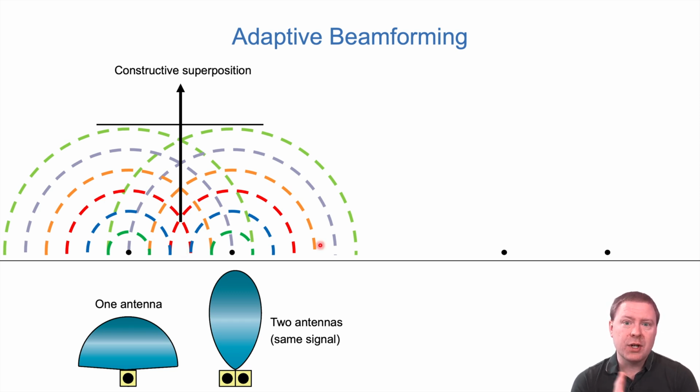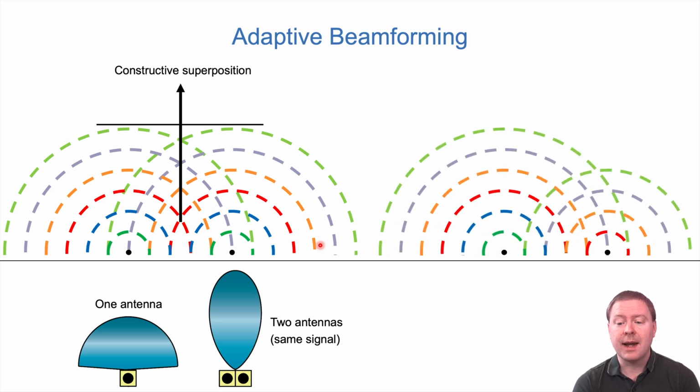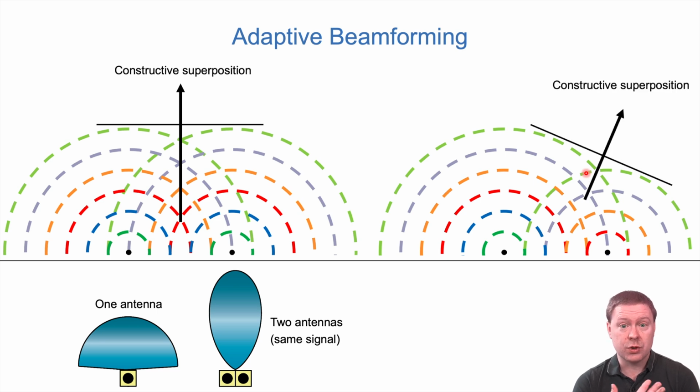If I now want to change in which direction this constructive superposition happens, well then I can delay or phase shift the signals. So in this case here, I'm sending out the signal from the right antenna a little bit later, and you can see that the wavefronts are then aligning more up towards the right here. That is where we're going to get constructive superposition.